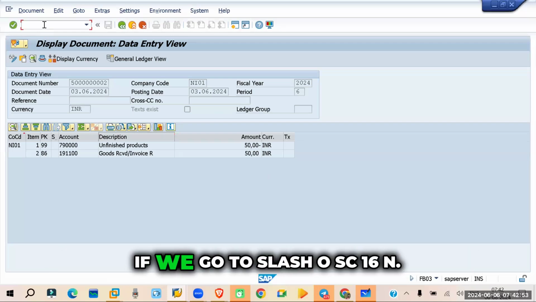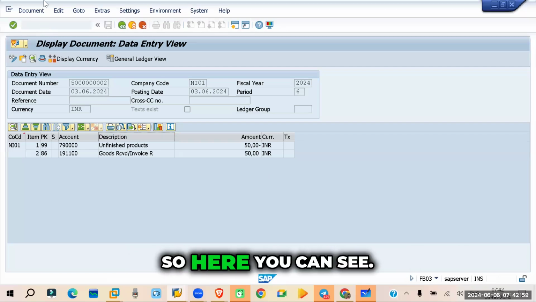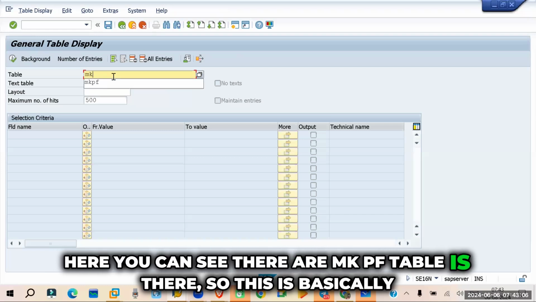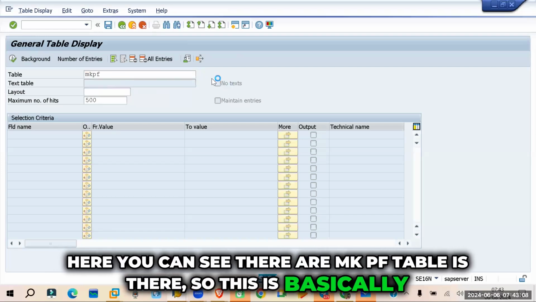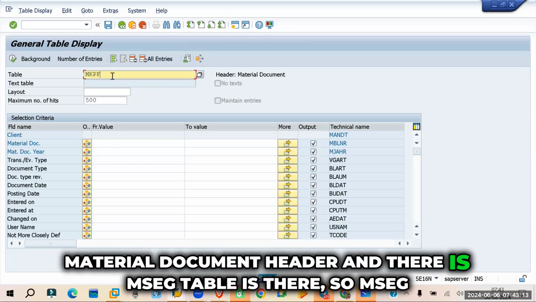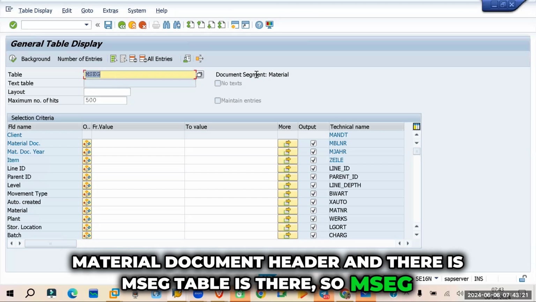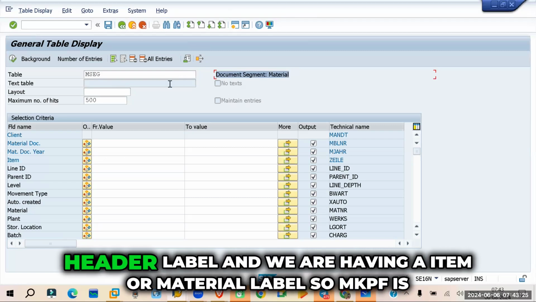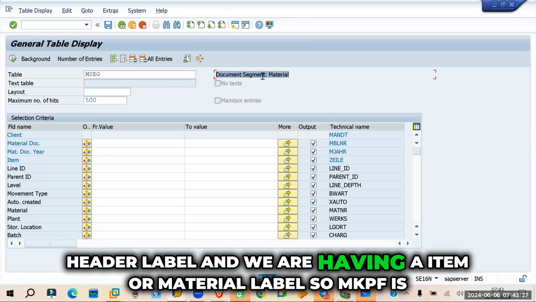If we go to /o SE16N, here you can see the MKPF table. This is basically for your material document header, and there is the MSEG table. MSEG is for the material level. In the document we have a header level and an item or material level.